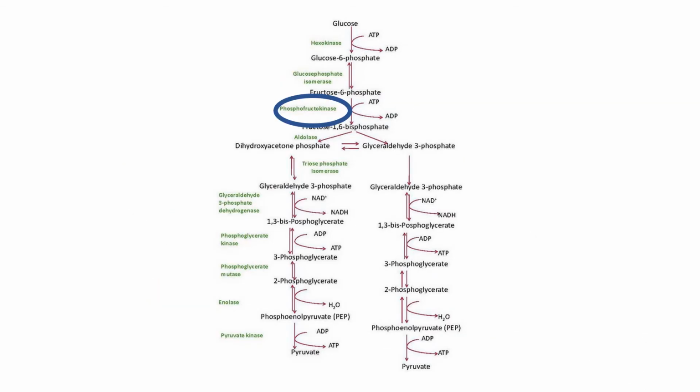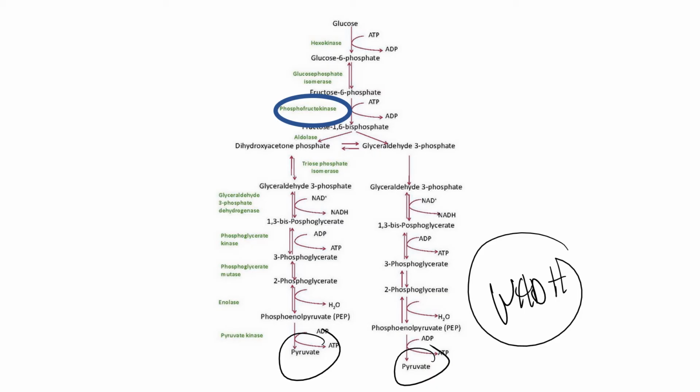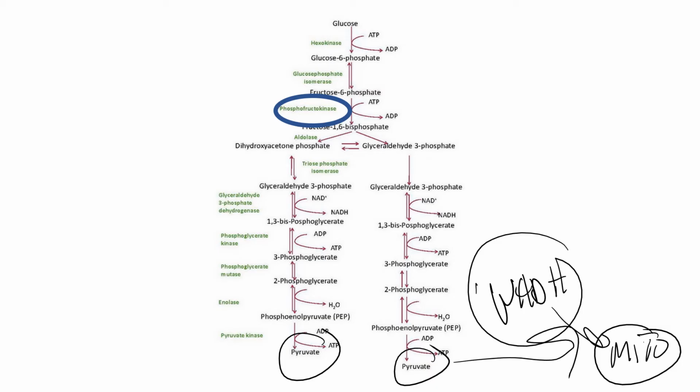You need a gradient in order for pyruvate and NADH to move from the cytosol, intracellular fluid, into the mitochondria. Right? There needs to be a higher concentration of NADH and pyruvate in the cytosol than there is in the mitochondria in order for them to be able to enter through these transport proteins.